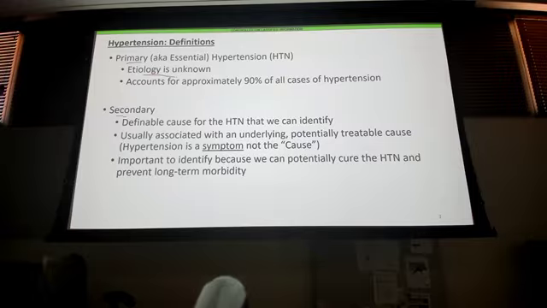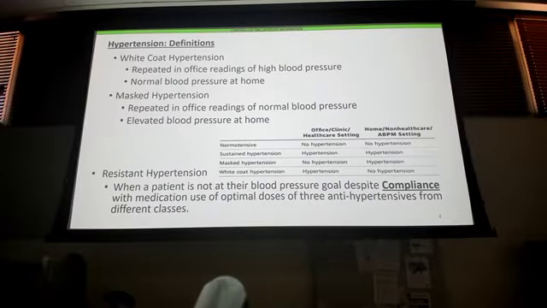And then there's the secondary, where there is another medical condition that's causing elevated blood pressure as a symptom of that condition, okay? So just knowing that there's additional causes, because secondary hypertension may be very difficult to manage and get to goal if you're not actually treating the problem that's causing it.